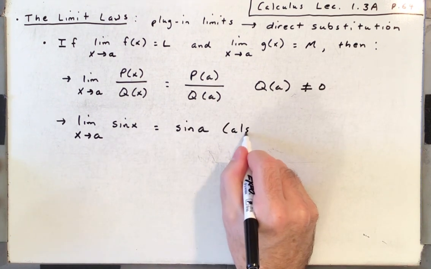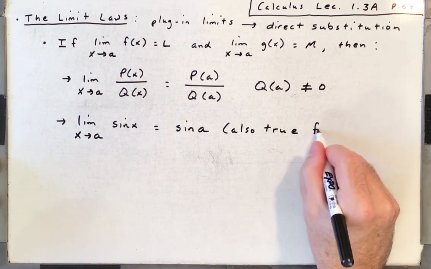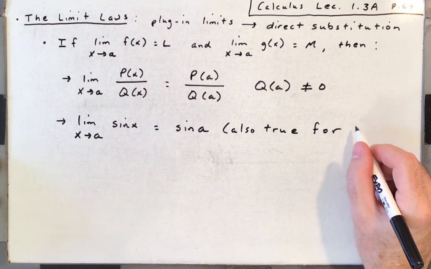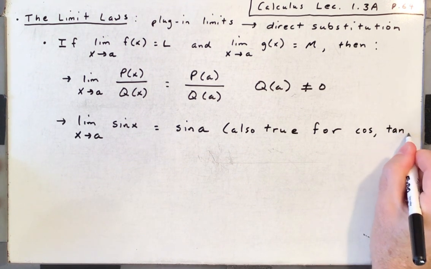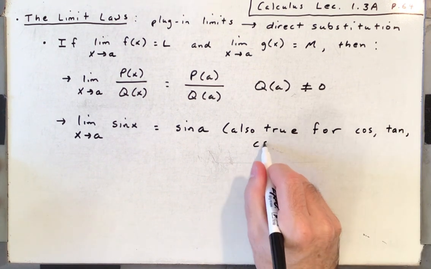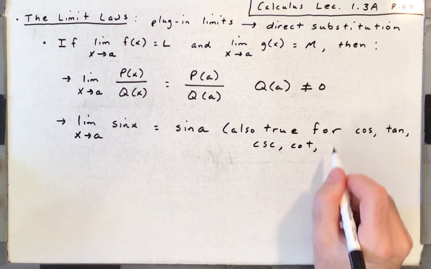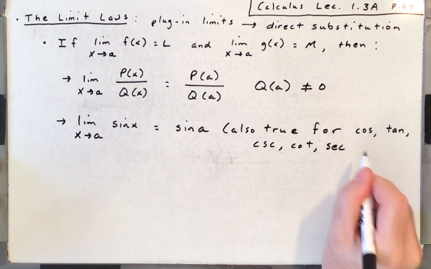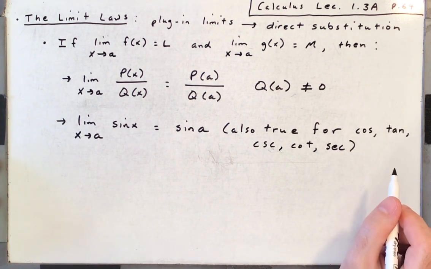And this is also going to be true for our other 5 trig functions. So what are those? That would be cosine, tangent, cosecant, cotangent. And you remember the one that goes with cosine? Secant.